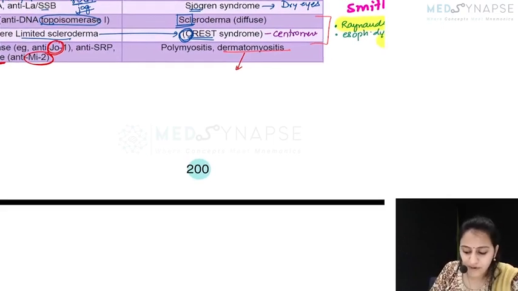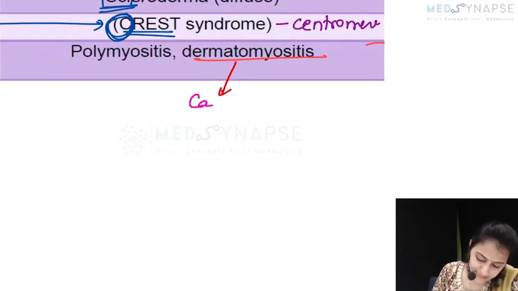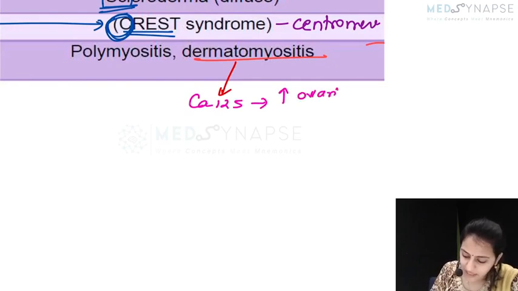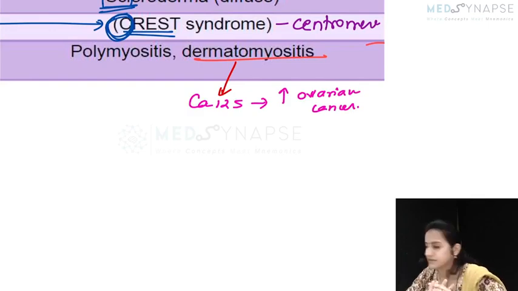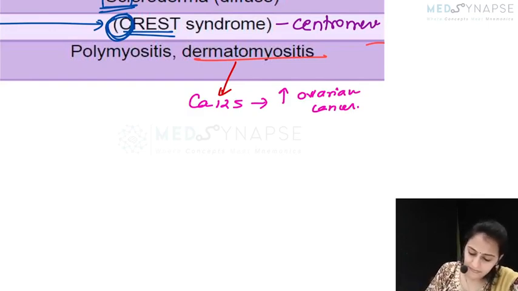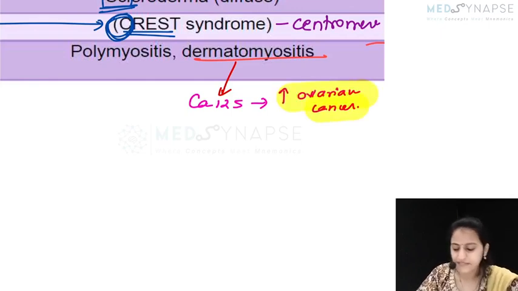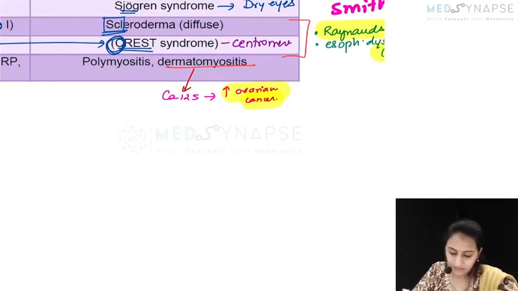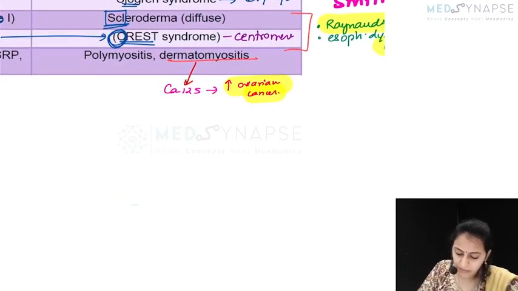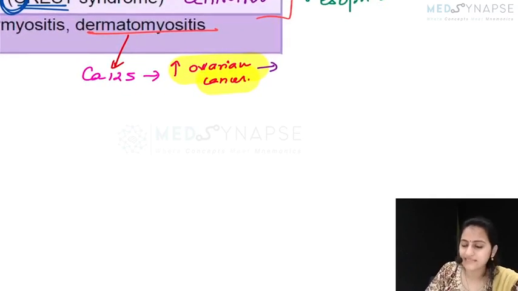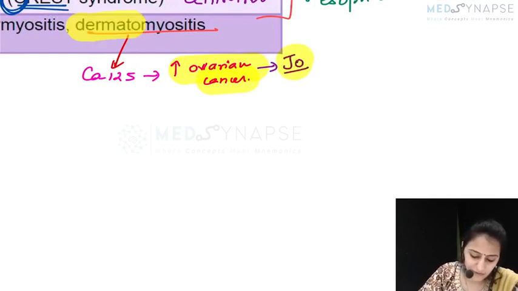You need to test for which tumor marker? CA 125, because there is increased risk of what cancer? Ovarian cancer. Right? Important. Dermatomyositis, paraneoplastic syndrome is ovarian cancer. CA 125 needs to be tested. So remember, the name of this female who has ovarian cancer is Jo. Jo has ovarian cancer, dermatomyositis.